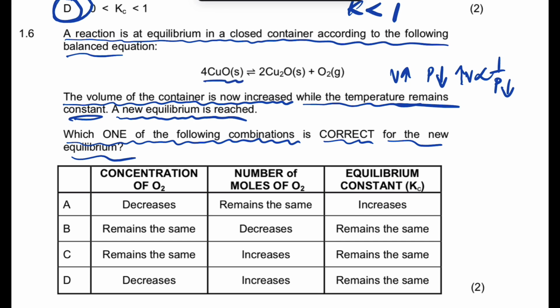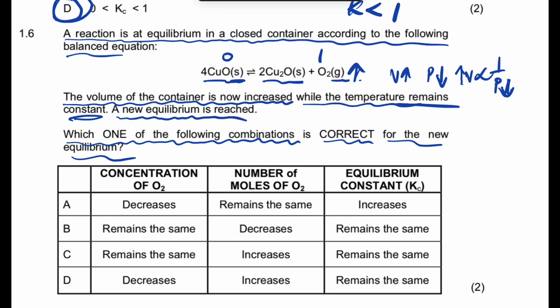So the number of moles of gas here is 0, because the state is solid, and then we have 1 gas. So the decrease in pressure favors the side with the more number of moles, which is what? The oxygen. So it's the forward reaction that is going to be favored here.